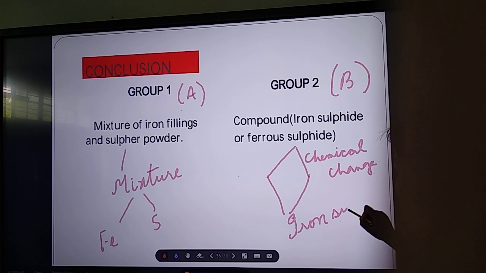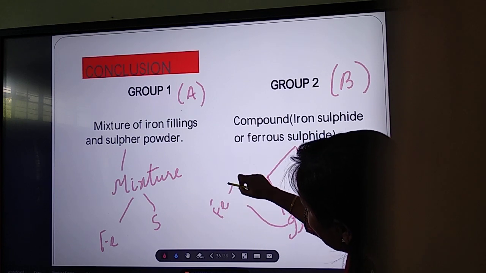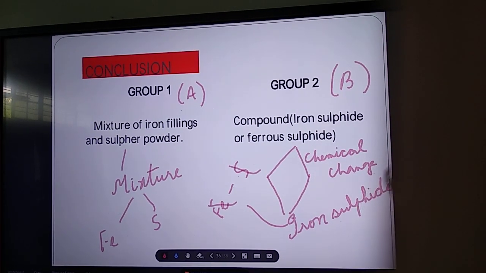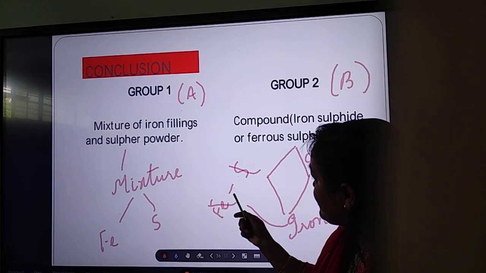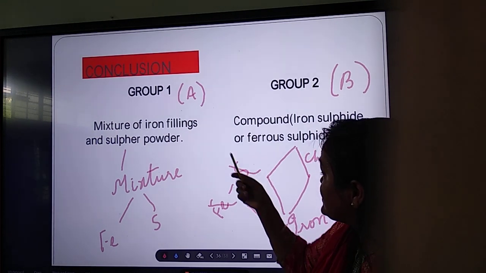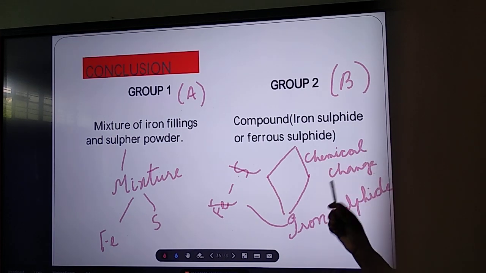The name of the substance is iron sulfide. In this one, both iron and sulfur have lost their property. That is why iron filings were not attracted to the magnet. Can you recall? Then sulfur powder does not dissolve in carbon disulfide.